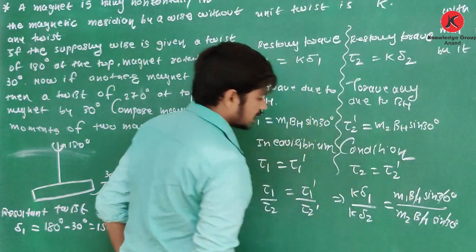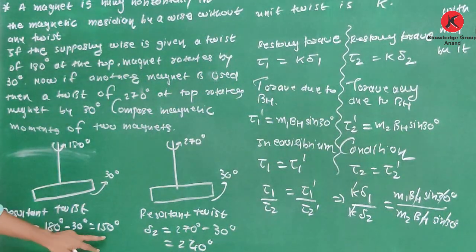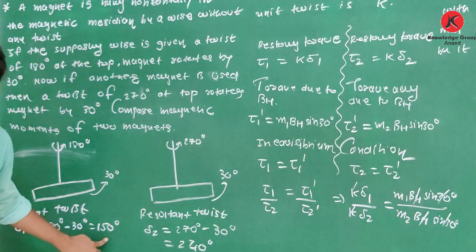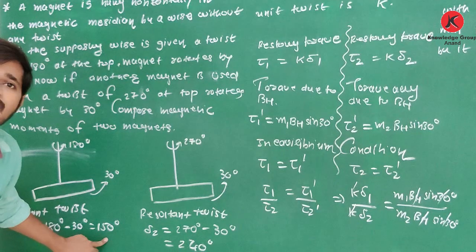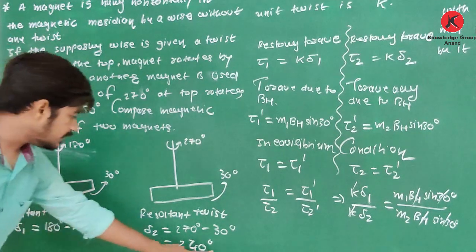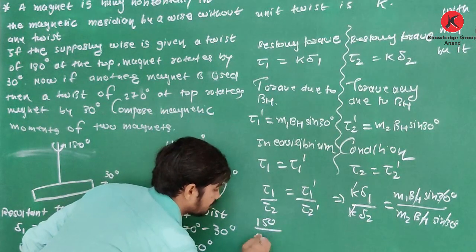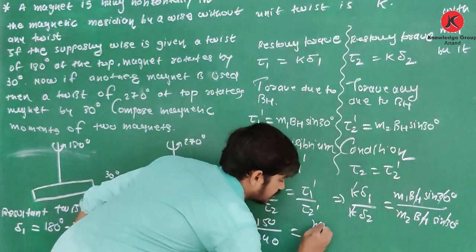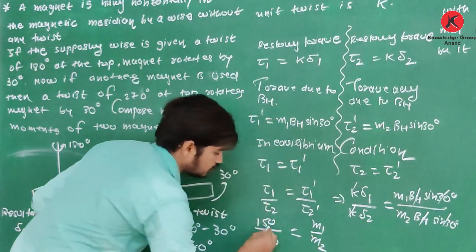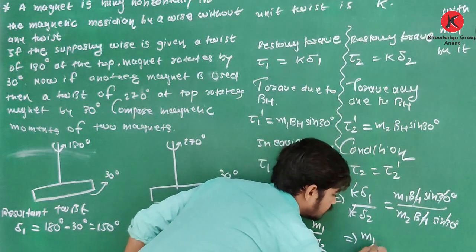BH cancels, sine 30 cancels, K cancels. Del 1 is 150 degrees. You have to convert degrees to radians by multiplying by pi by 180, but pi by 180 will cancel out. So we have 150 upon 240 is equal to M1 upon M2.